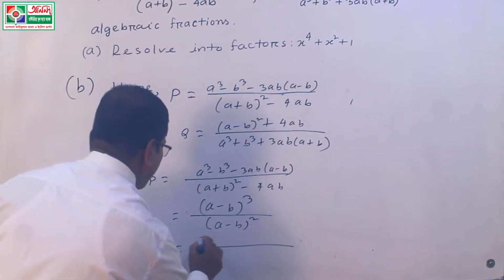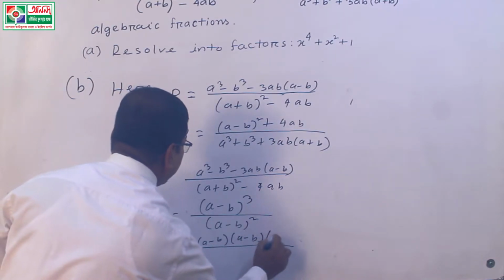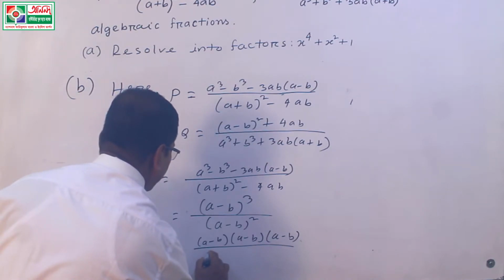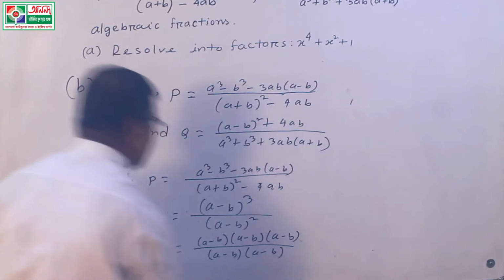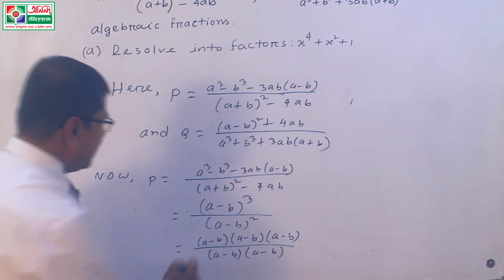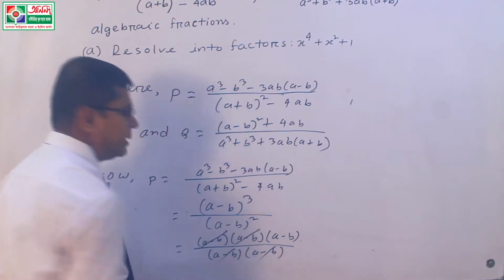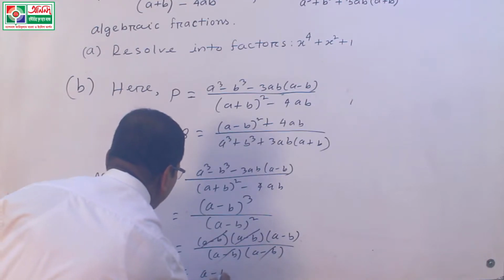Now you can resolve it, so you can write (a minus b) into (a minus b) into (a minus b), and in the denominator you can write (a minus b) into (a minus b). Here we can divide (a minus b) and (a minus b), and we can write a minus b.